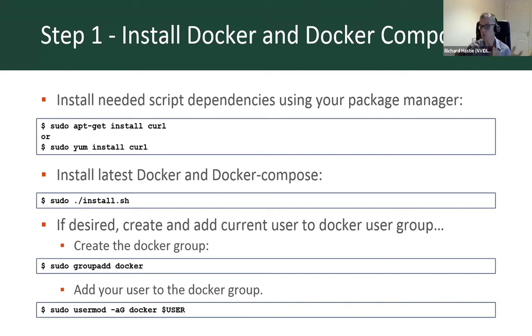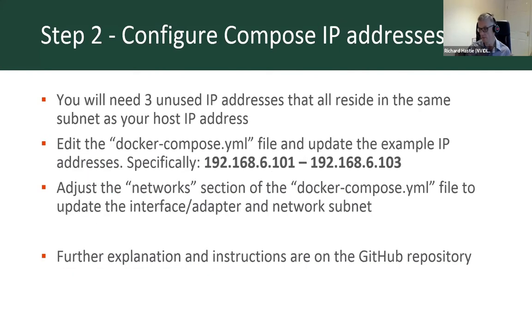Then, if you want to, you don't have to, you can add your current user to the Docker group, which means that you don't have to use sudo on the Linux host to do most of the work. I would recommend you do that because it makes things a lot simpler for the operation going forward. So that's step one. You're basically installing the dependencies, Docker and Docker Compose.